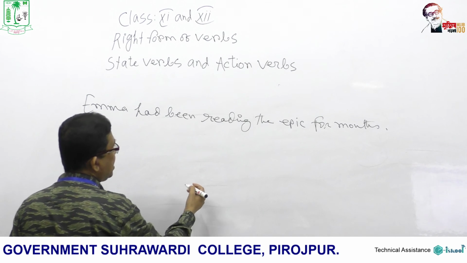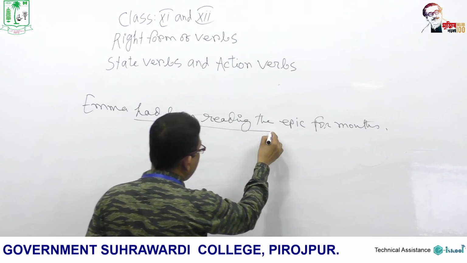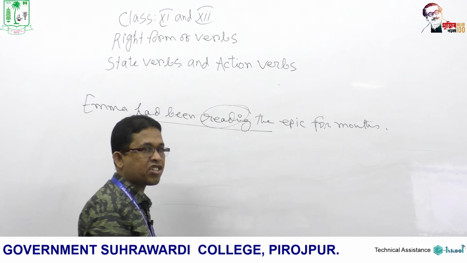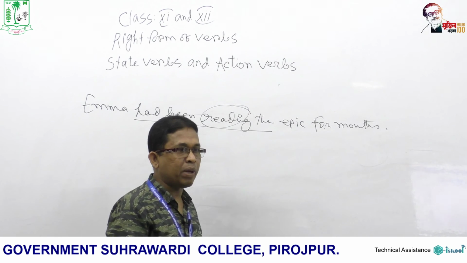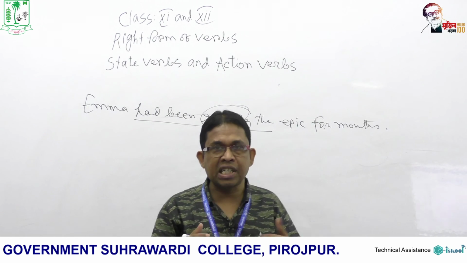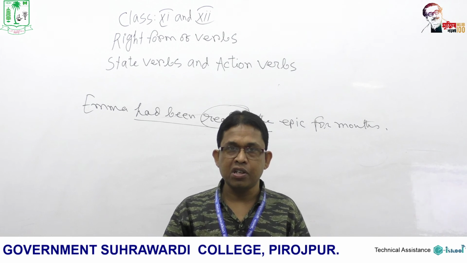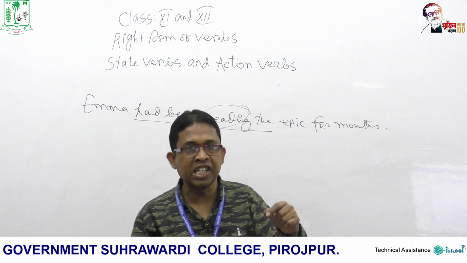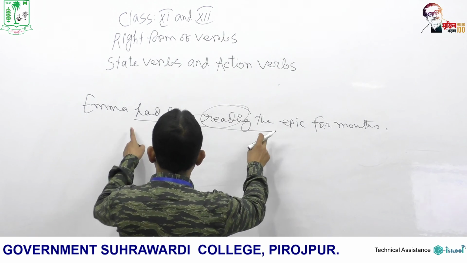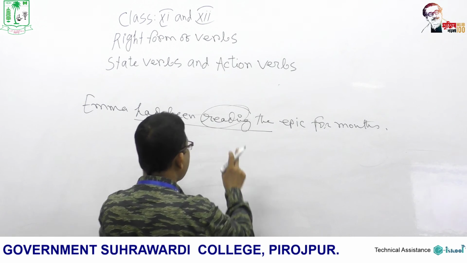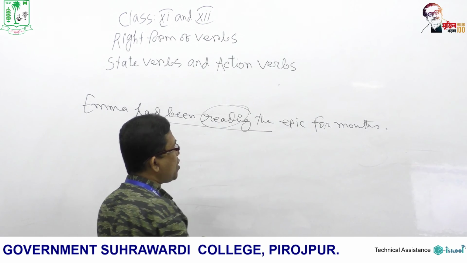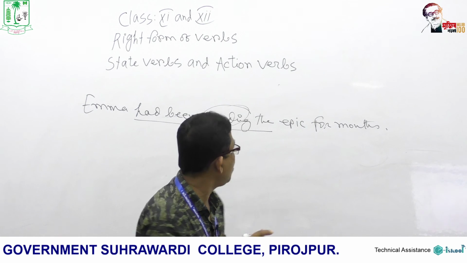As I have used here read, this is an action verb, because by using read, Ima is doing some action. She is doing the action of reading. This is past perfect continuous tense, and this is correct because this is an action verb. So, I have used this in continuous form.